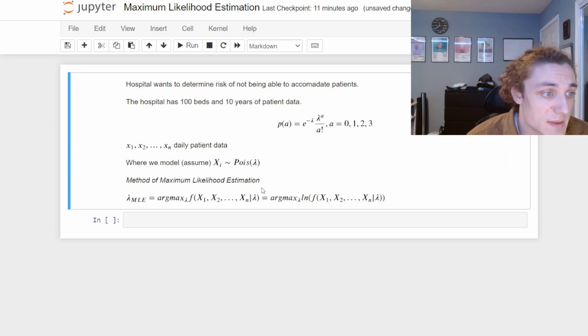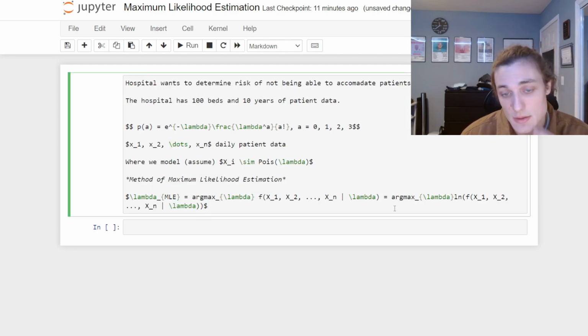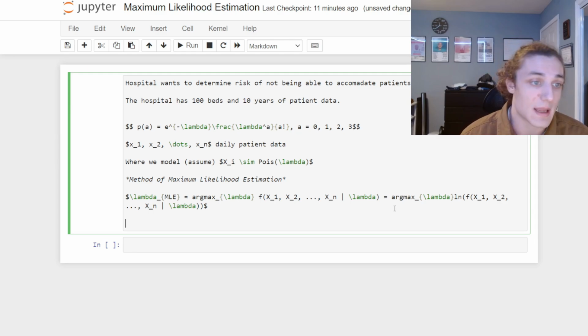Okay, it turns out all of these random variables we have here are independent and identically distributed. If that is the case, then we know that this function is just going to be the product of the PMFs. That is just a basic definition of independence.